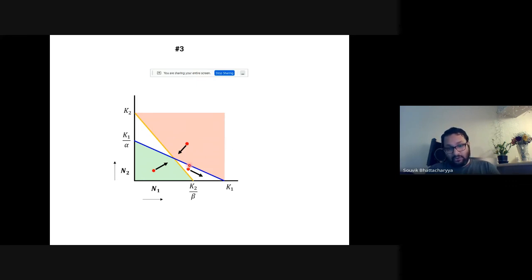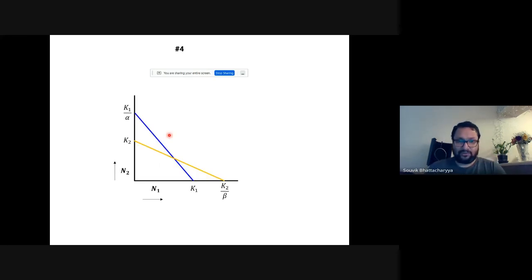This is below the blue line and above the yellow line, so species 1 will win. And this is above the blue line and below the yellow line, so species 2 will win. That means that when lines like these exist in nature between 2 species, either species 1 or 2 can win, depending on the situation.